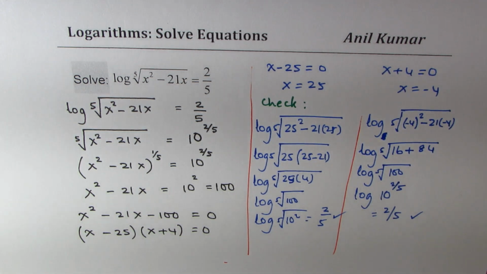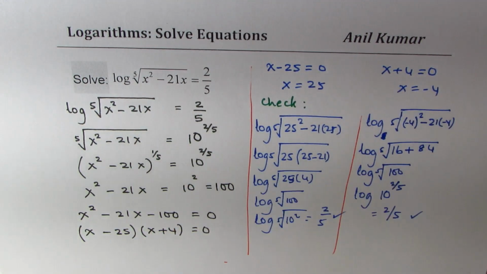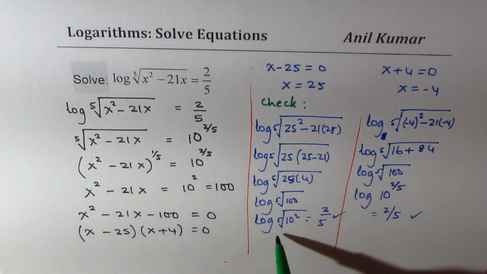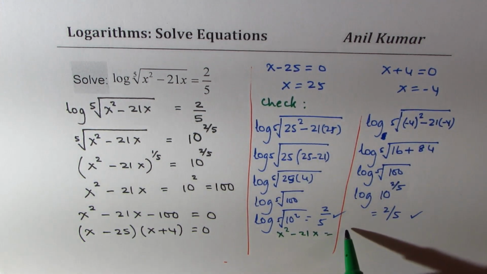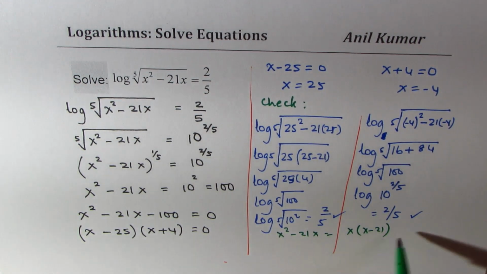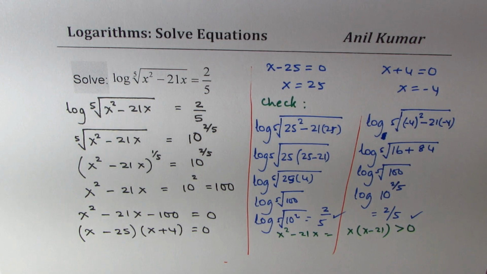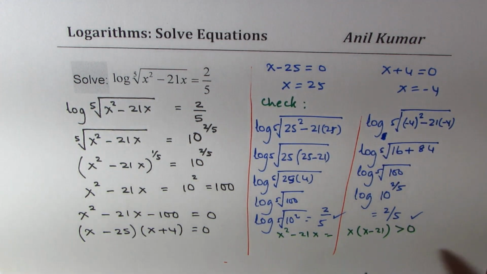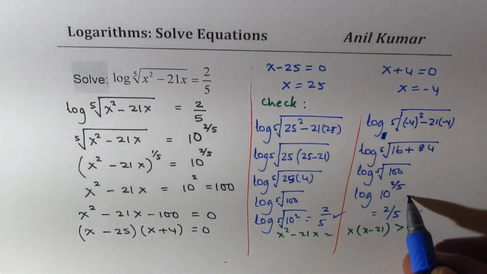Correct? Now for some of you, let me explain why it is not an extraneous root. If you look at the inside function, we need that to be positive, right? What we need is that x squared minus 21x, which could be written as x times (x minus 21), to be greater than 0 for the log to be within the domain. So here is a small sketch.